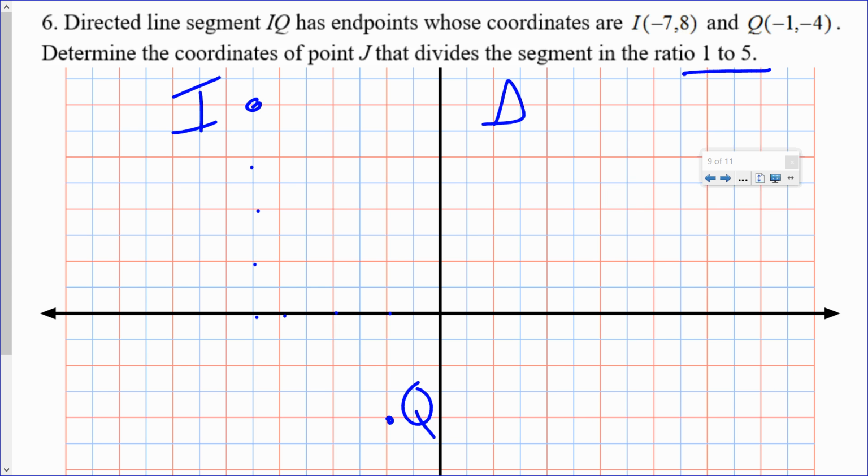Whenever I want to cut a line segment in a ratio, that's delta x and delta y over p. Delta x, I'm counting the x.